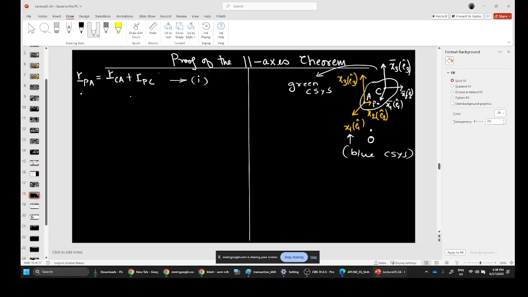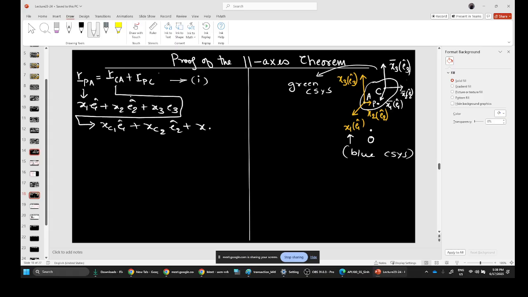Now R_PA I am going to write as x1 E1 plus x2 E2 plus x3 E3. I am going to write the R_CA vector as x_C1 E1 plus x_C2 E2 plus x_C3 E3. Let's call it second equation.